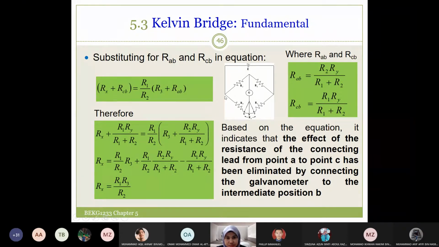Finally, Rx is equal to R1, or Rs R2. Rx R2 is equal to R1 R3. Okay, the same. Now we go to tutorial 5.